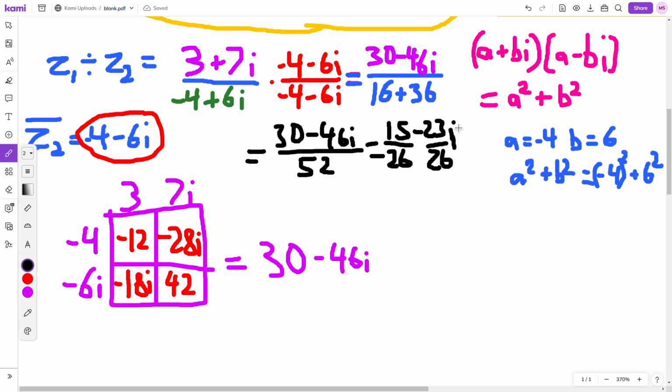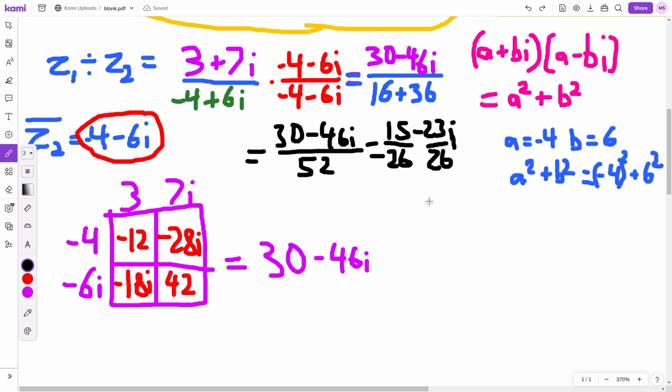Just to be clear, that's in front. And we can put this, actually, can I move this? I'll just rewrite it one more time.